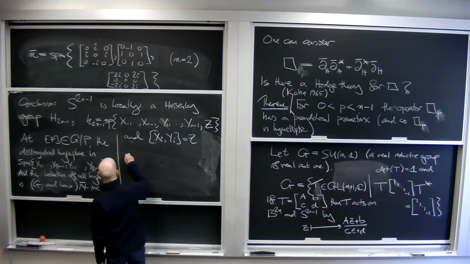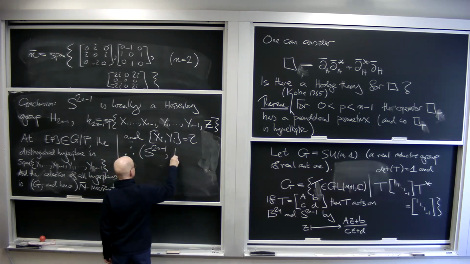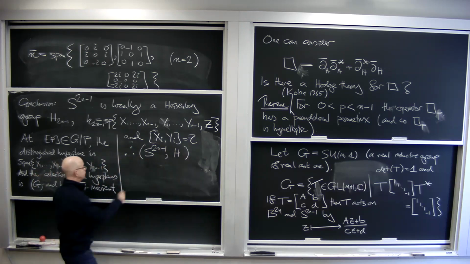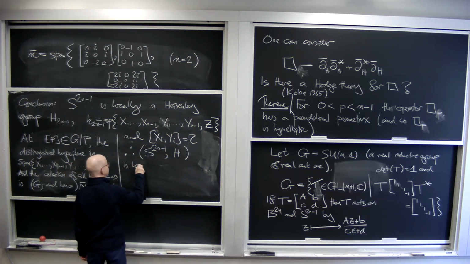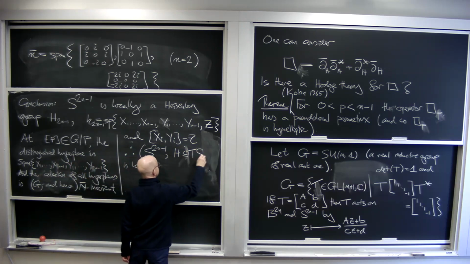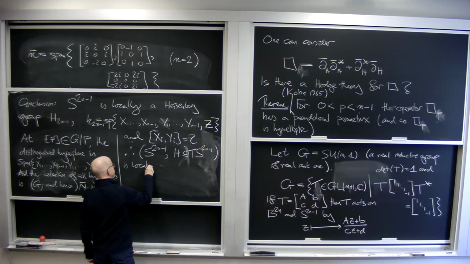So the sphere, together with its hyperplane bundle, which is just, remember, a sub-bundle of the tangent bundle of the sphere, is now locally diffeomorphic.